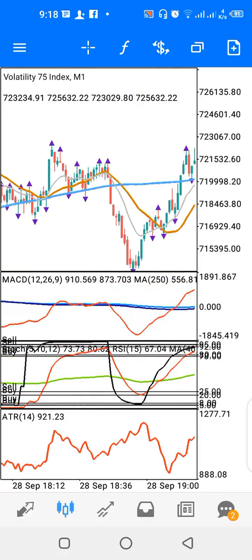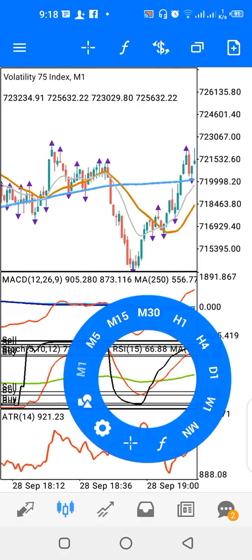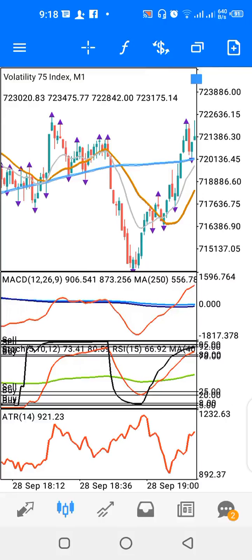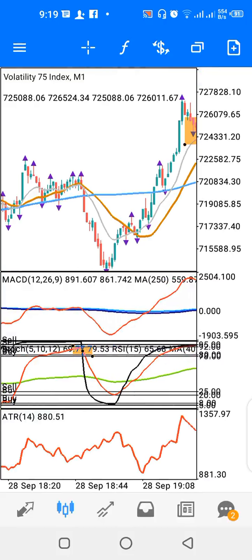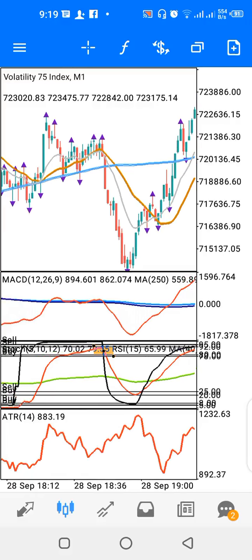For indicator window 2, you place a sell when the black line crosses below the red line, around the 80, 90 level. Around here, it crosses down. It's time to sell.